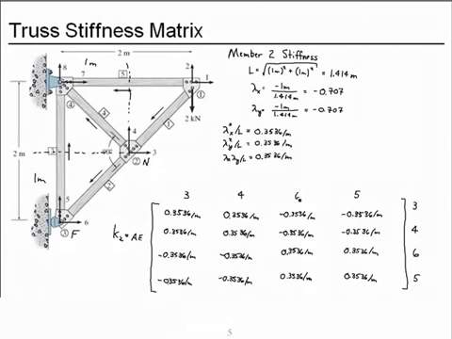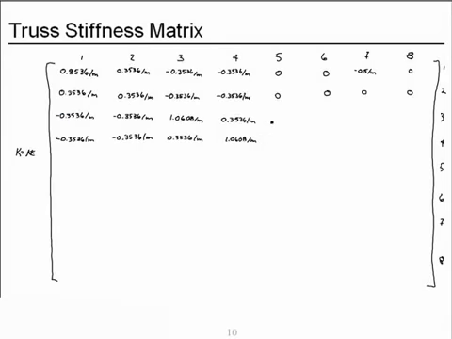In the structure stiffness matrix, these two come to the left of these two. Now in this case, they're identical, but you need to be careful to not get that confused. Because of our numbering system, these two have to reverse or change positions. And so we insert those.